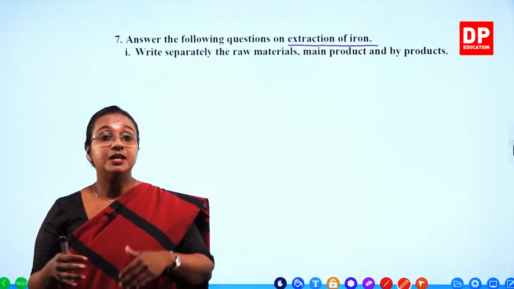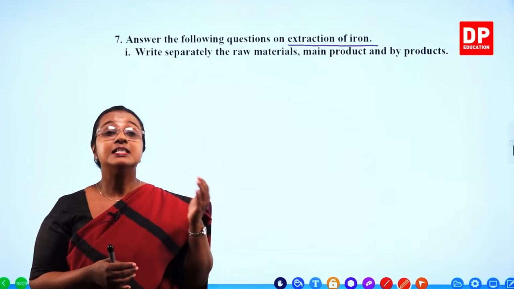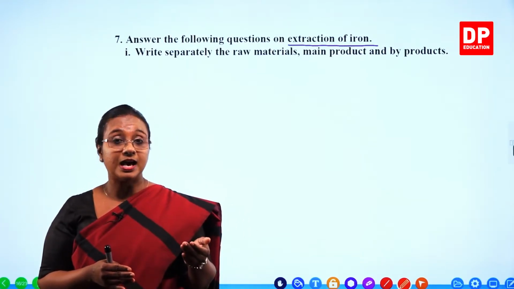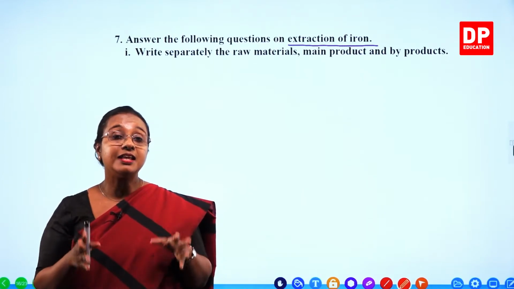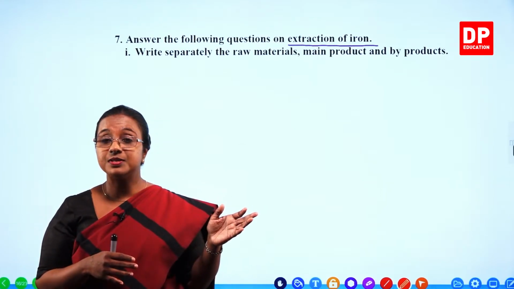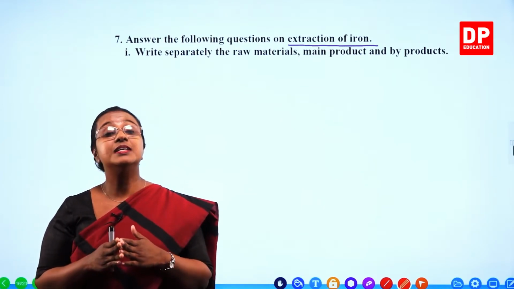And thereafter, the impurities that are present with hematite, that is silica, SiO2, silicon dioxide, and alumina, that is aluminium oxide, Al2O3, react with calcium oxide, that is formed from the decomposition of calcium carbonate, and they form the slag.